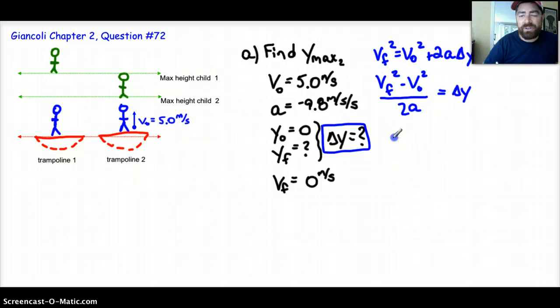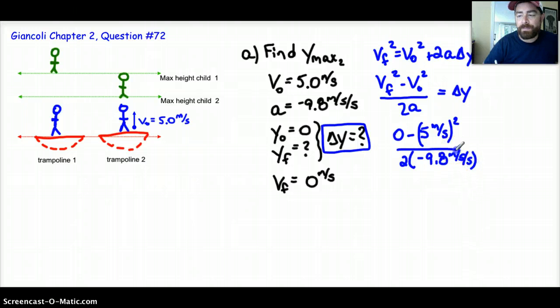Notice that my Vf is 0, so that becomes 0 minus 5 meters per second, and then I have to square that whole quantity, divided by 2 times negative 9.8 meters per second squared. Once I do that, I can arrive at a displacement.